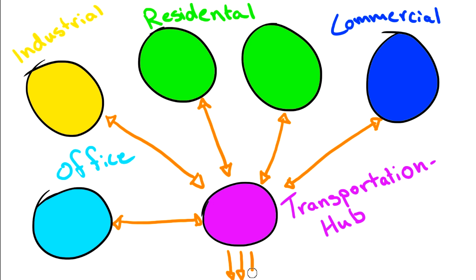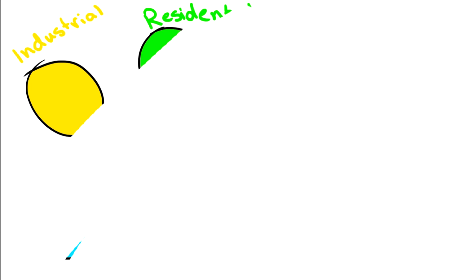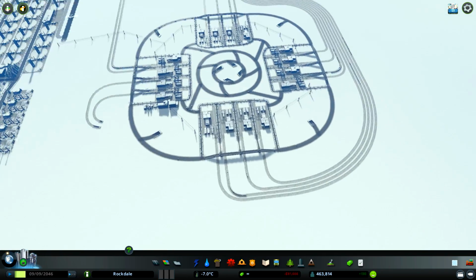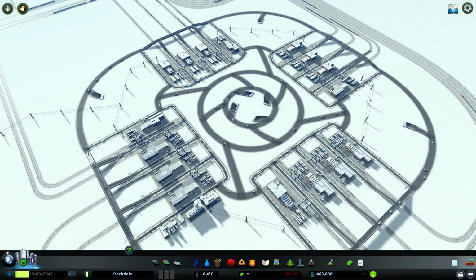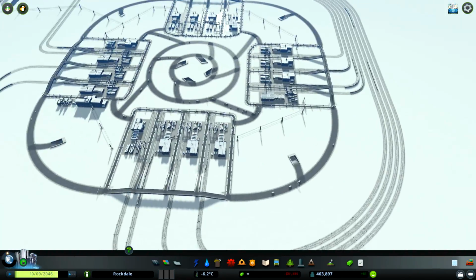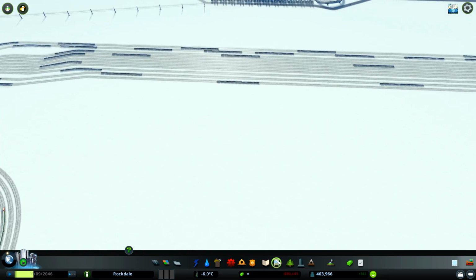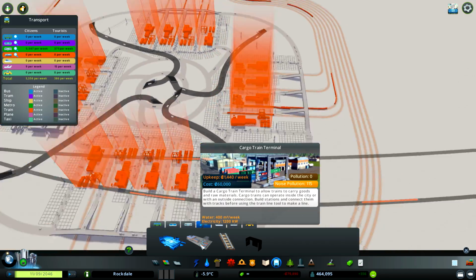So basically, a transportation hub is a small or big area that connects to every other place on the entire map, either through trains, metros, or really any other transportation method that you can think of. So the industry hub is basically the same thing, but it also kind of acts like a big trading district where everyone can trade goods.